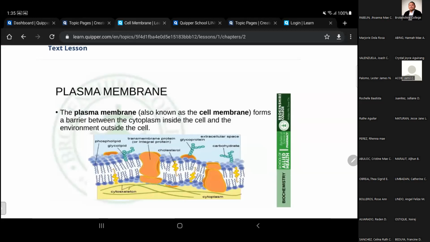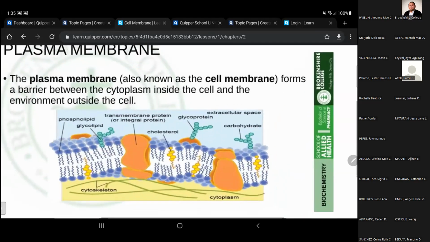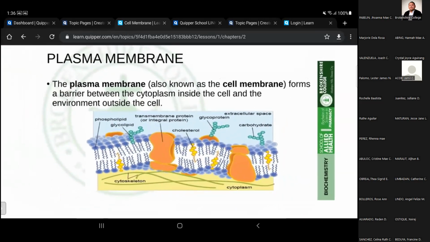And then we also have cholesterol, or the fatty acids that are connected to the phospholipid part of the plasma membrane. So those are the composition that we see in this picture of our plasma membrane.